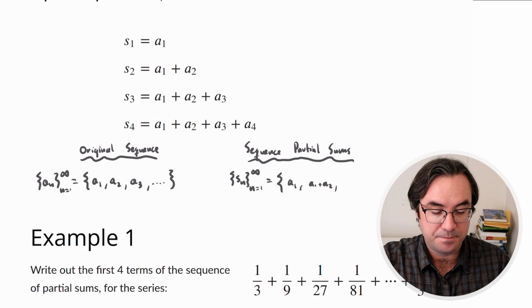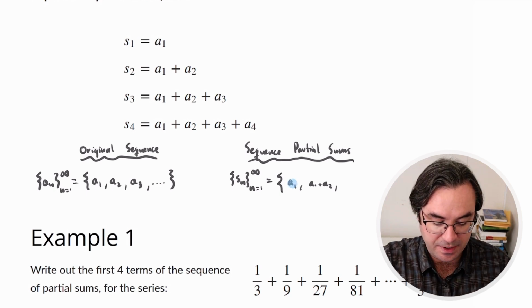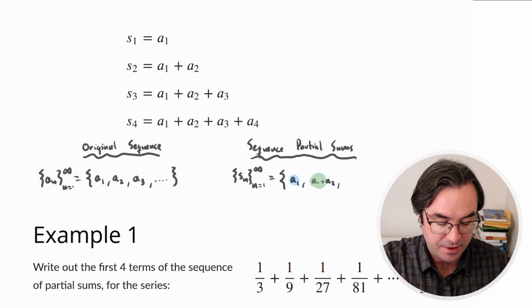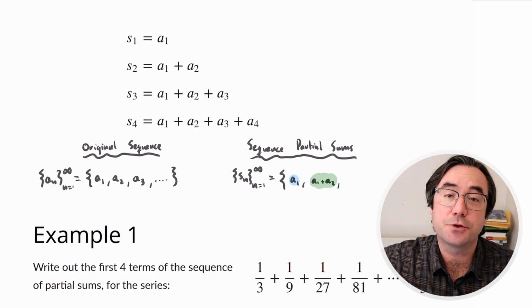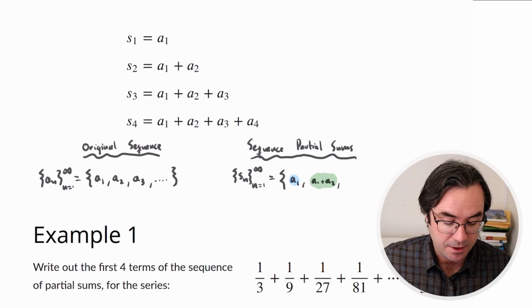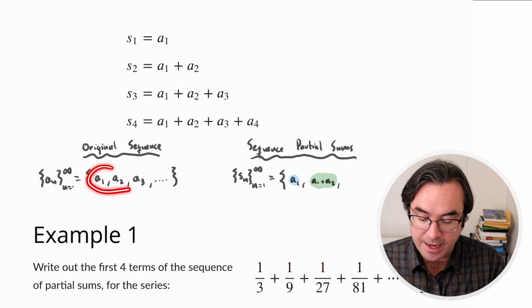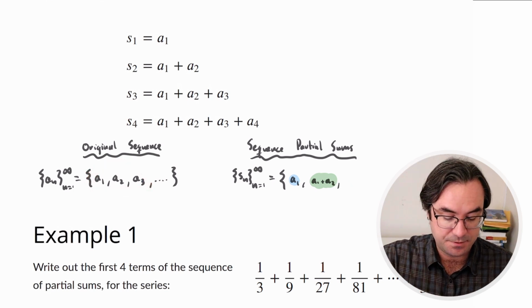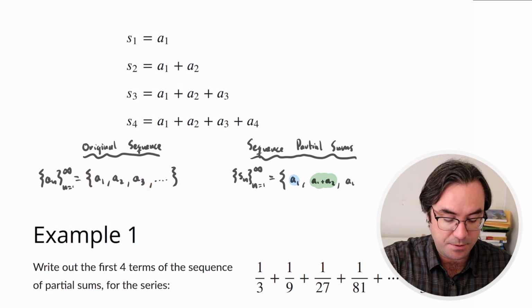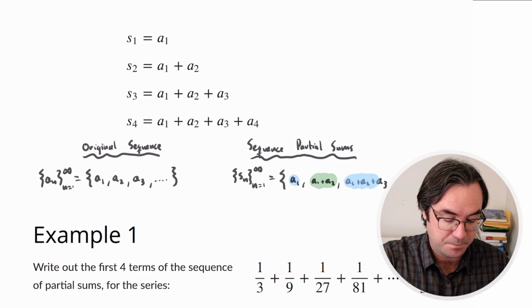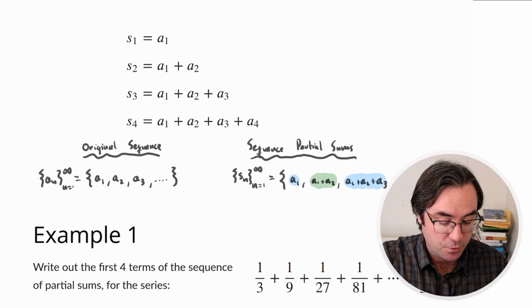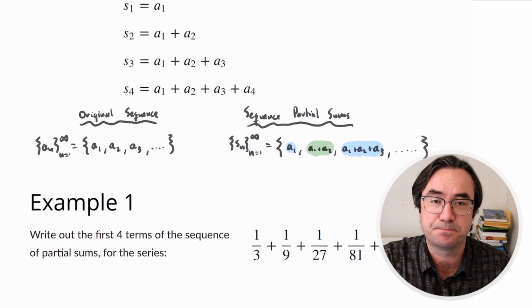Now let's look at the third term of this new sequence. We're going to add up the first three terms, so it'll be A1 plus A2 plus A3. And then we just repeat this over and over again, adding up more and more of the terms.